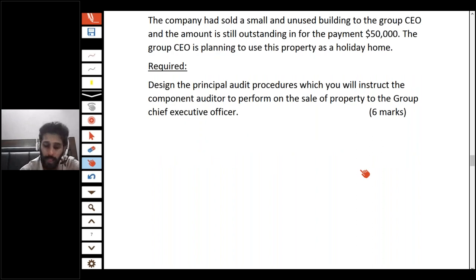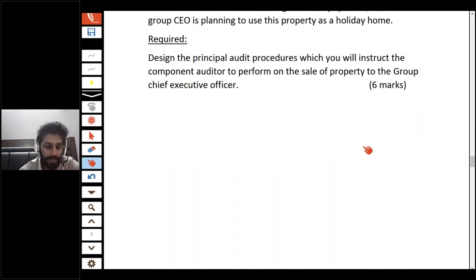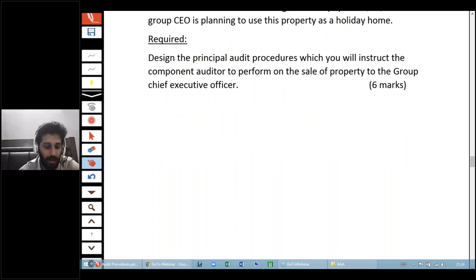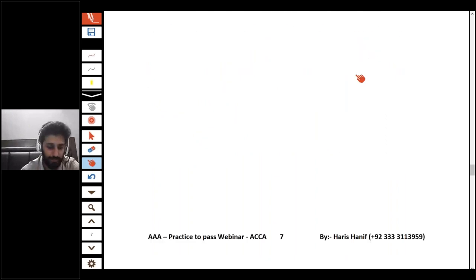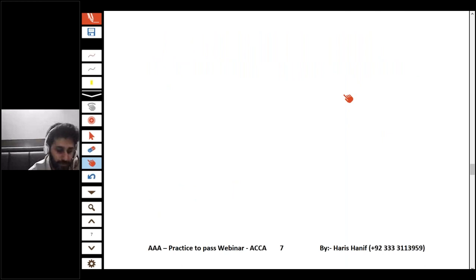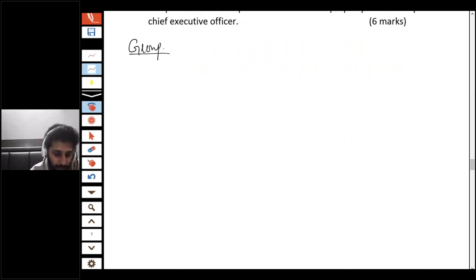First of all, let me give you a brief and concise summary of the component auditor. Let's say, for example, there is the group, and there is a group audit, and it is covered by ISA 600. There is the group auditor. I'm right now writing in a structured manner a group of companies.